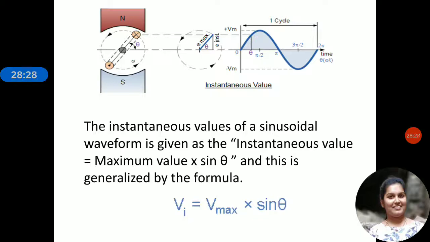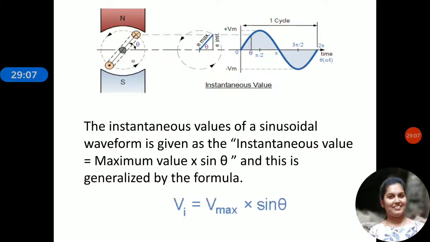This is represented in the diagram, showing that when the rotation changes, the direction of the electrons moving inside the conductor varies, and that variation gives us an alternating waveform, which has a different value at every instant of time. The instantaneous value of a sinusoidal waveform is generally given as instantaneous value is equal to the maximum value into sine theta. So we have already discussed that it will be proportional to the angle of rotation.